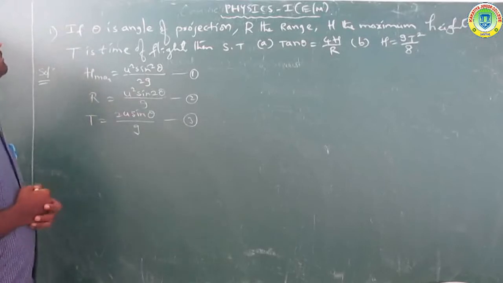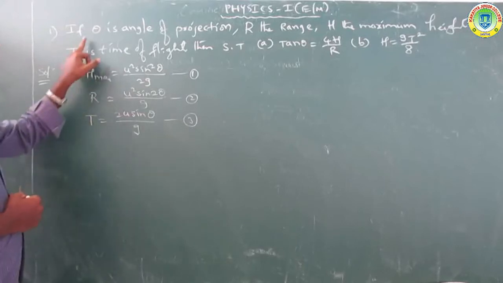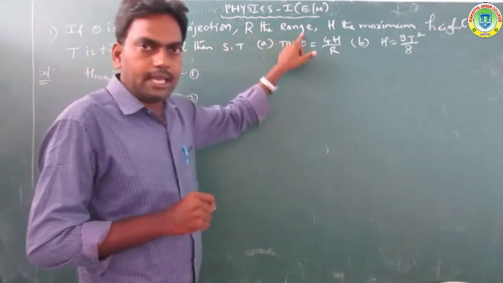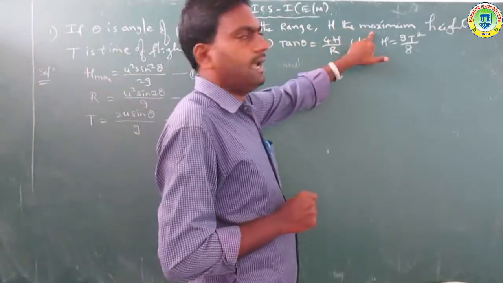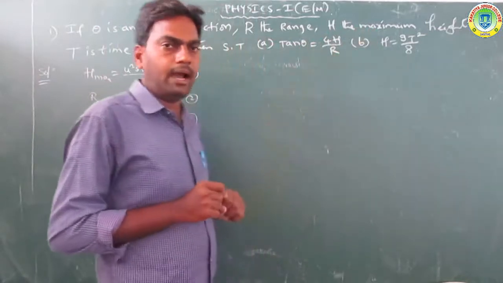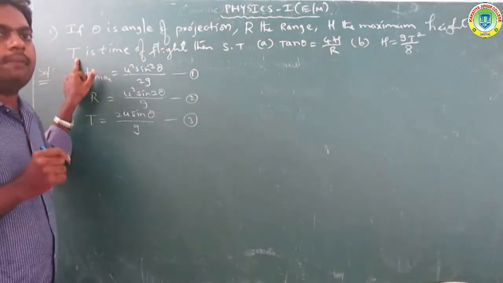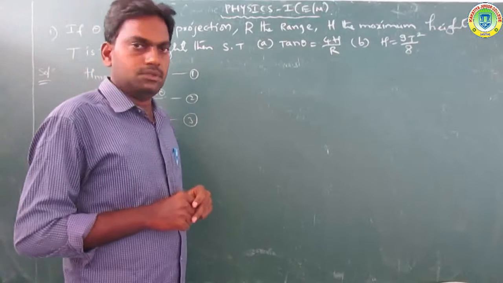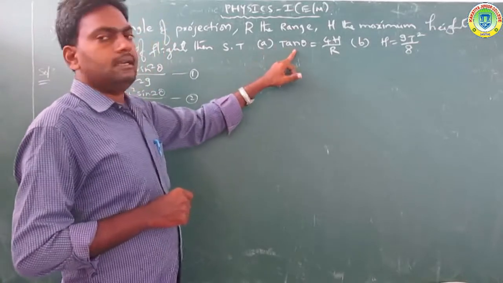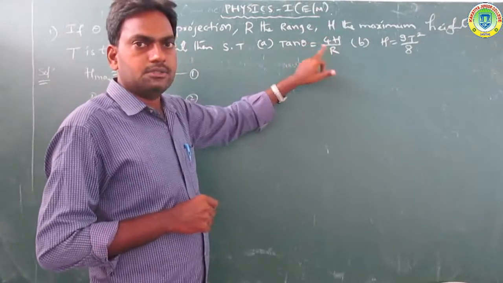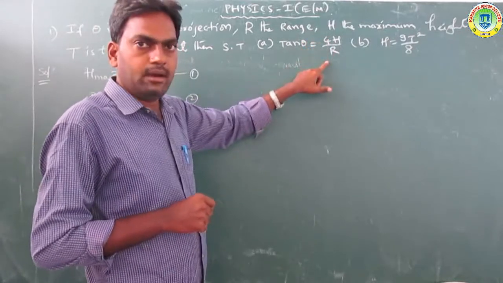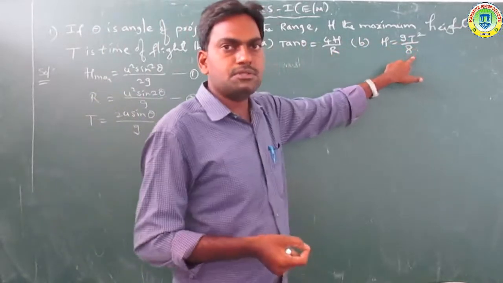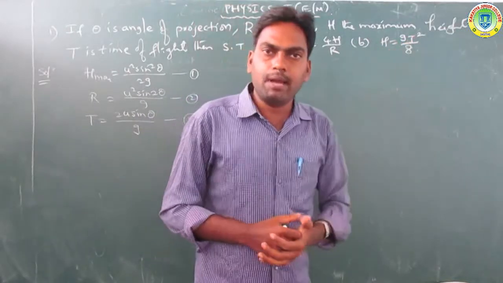So today we discuss another problem. If theta is the angle of projection, R is the range, h is the maximum height, and capital T is the time of flight, then show that tan theta is equal to 4h by R, and also show that h is equal to g T square by 8.